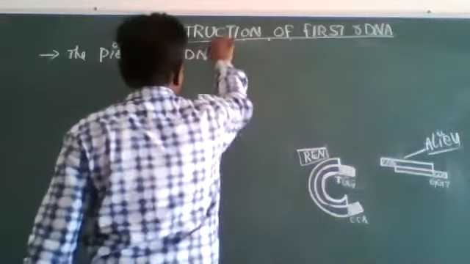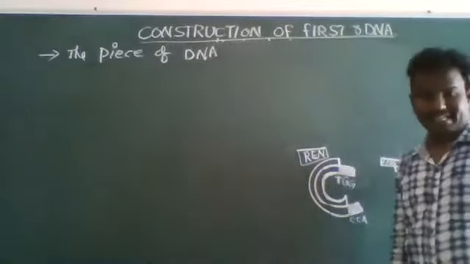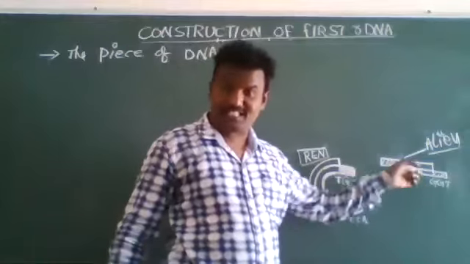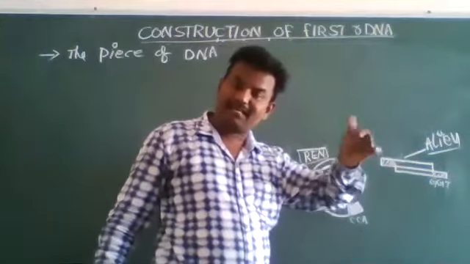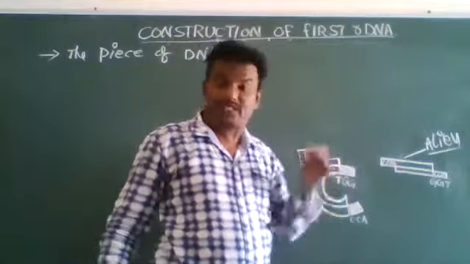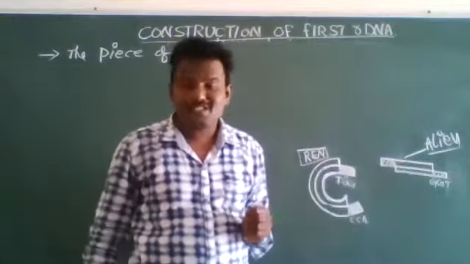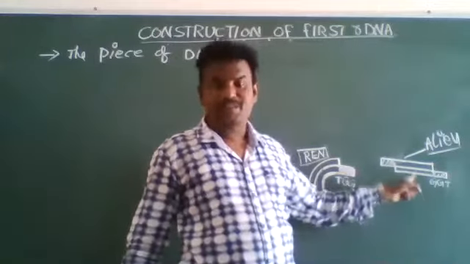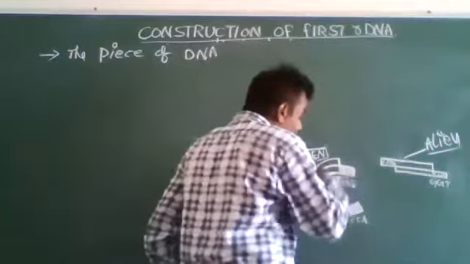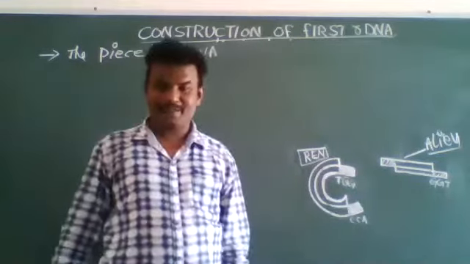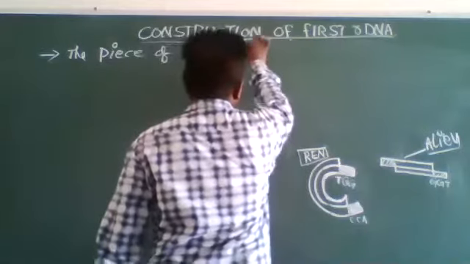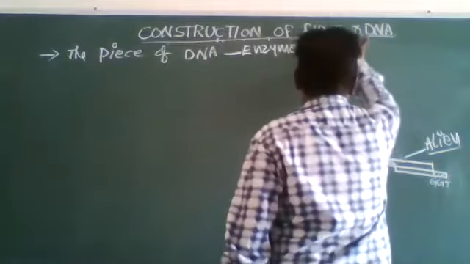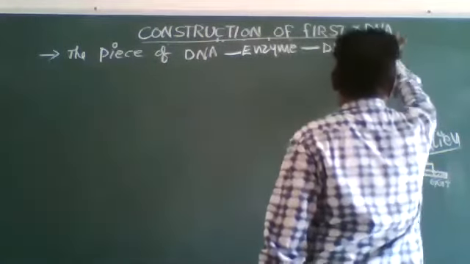In this one, antibiotic resistance power is there. That's why it is called the antibiotic resistance gene. It is linked with the help of the enzyme that is called DNA ligase.